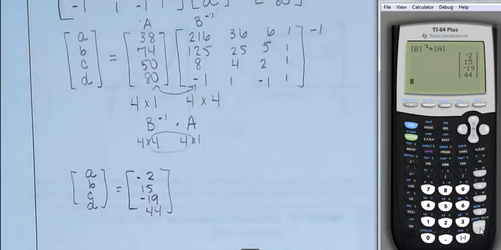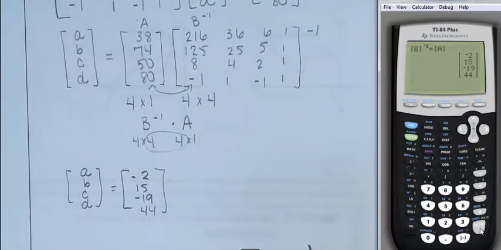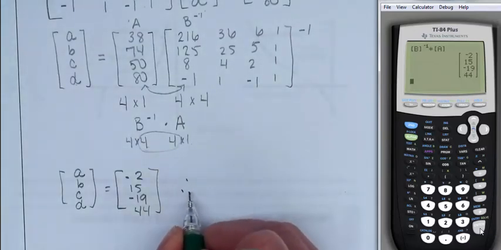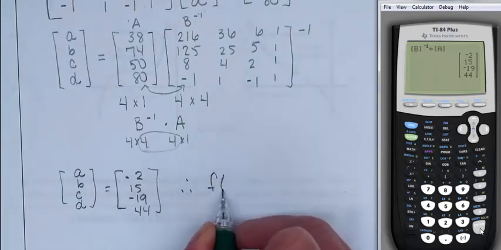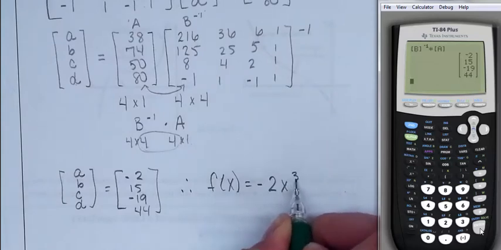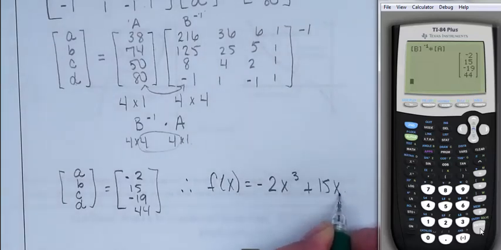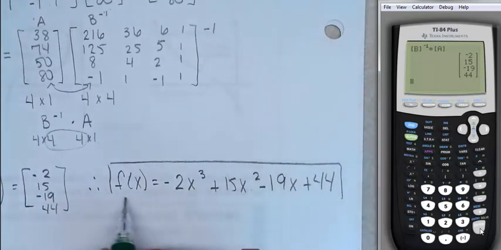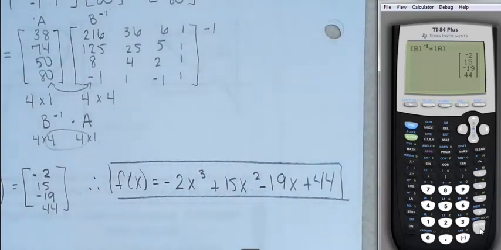Okay, so those give me those coefficients, which now I can write my equation as f of x equals -2x cubed plus 15x squared minus 19x plus 44. And there's my function.